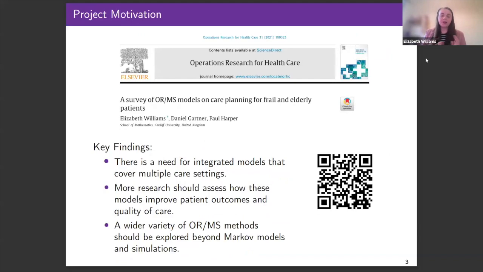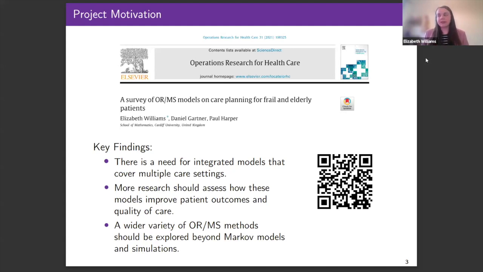I started my research by looking into the literature as to what had already been done in frail and elderly patient care planning. And what we found was there was a need for integrated models that cover multiple care settings. A lot of research tends to focus on one single hospital ward rather than focusing on a whole hospital or multiple hospitals.